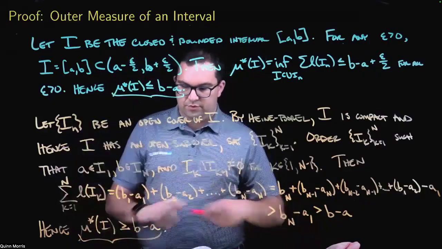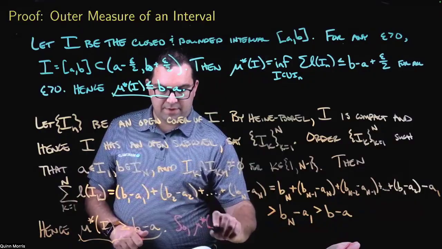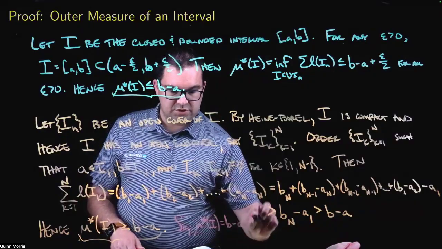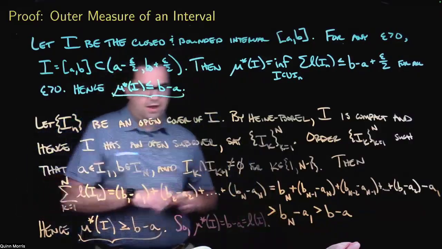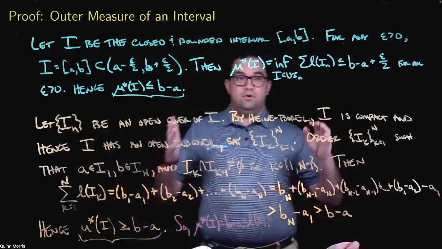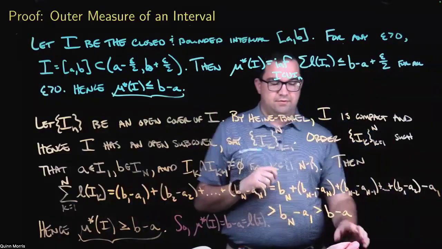And so we conclude that the outer measure of I must be equal to b minus a, which is precisely the length of I. That's how we define the length of the interval I. All right, so this is the proof when I is a closed and bounded interval.